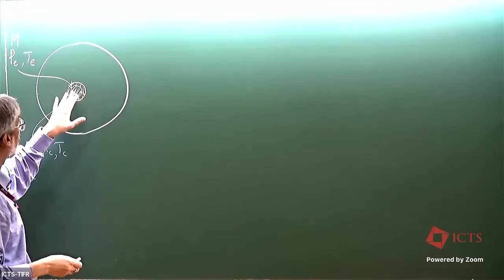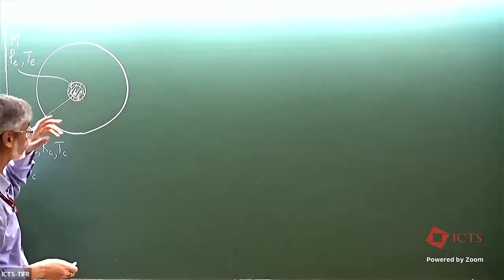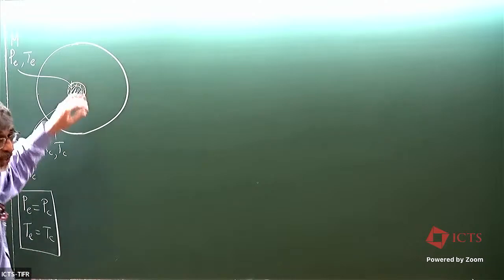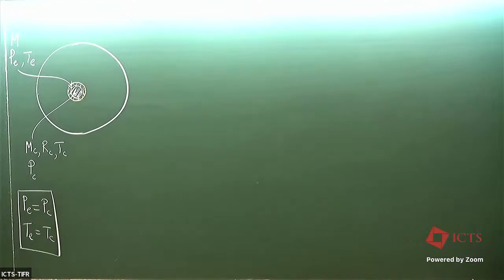So you need to have both mechanical and thermal equilibrium. If the core is supported by thermal pressure, then you will have Pe equal to Pc, Te equal to Tc. Once these conditions are satisfied, the core can actually remain stable even though it is not generating nuclear energy.